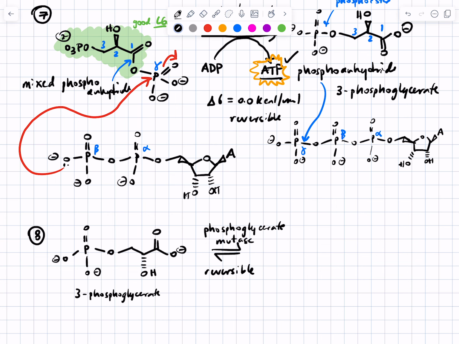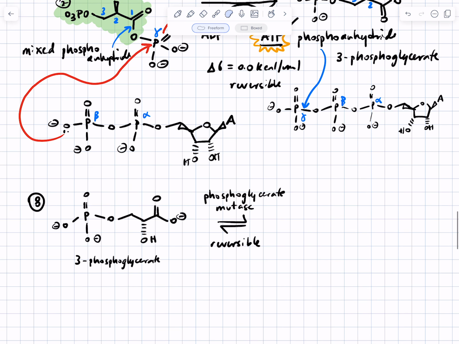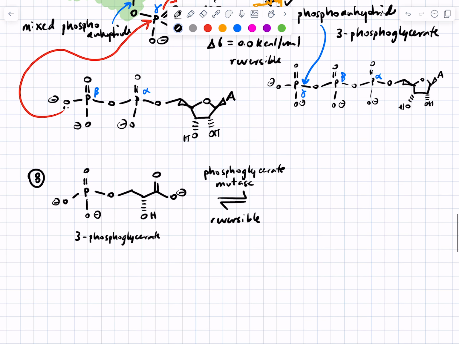Now that's a new word. Mutase, what does that do? You're probably thinking, it mutates stuff. No, but it sort of moves things around, which is probably the root word in that name. Mutation involves change. Mutase involves a change in the location of the phosphate group.